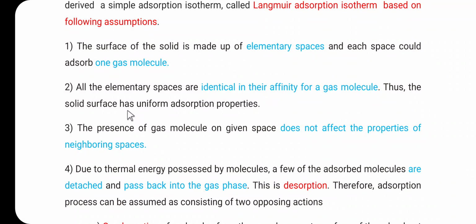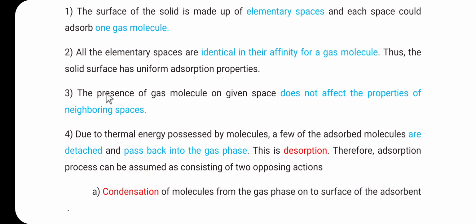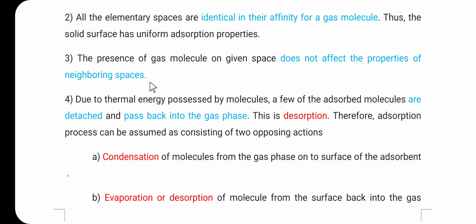Thus the solid surface has uniform adsorption property. This is very important. The third is that the presence of a gas molecule on a given space does not affect the properties of the neighboring space.